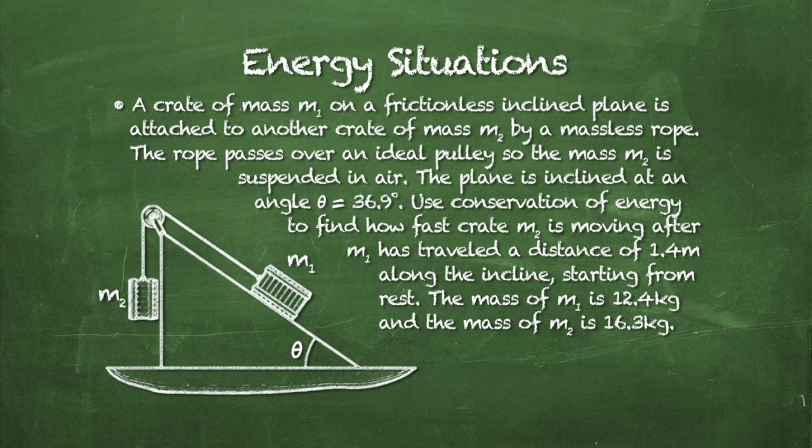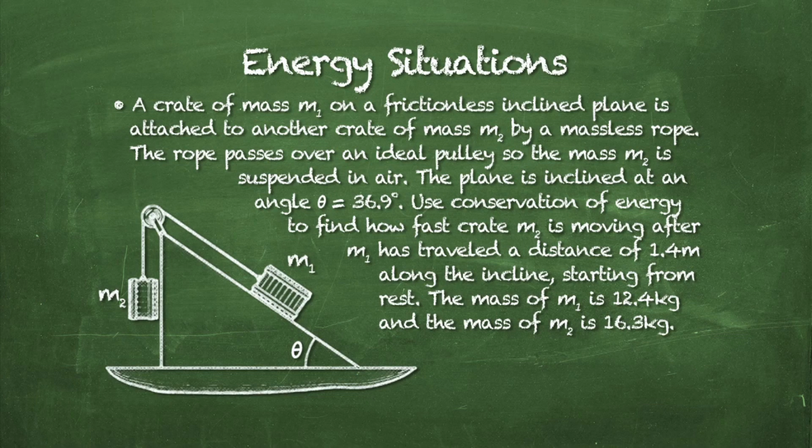There's a couple things you need to know, one of which is that you have to consider the kinetic energy of both crates and the potential energy of both crates, but you can do that separately. You can calculate mg height initial and final separately for each crate. And since the two crates are tied together, they will have the same speed.